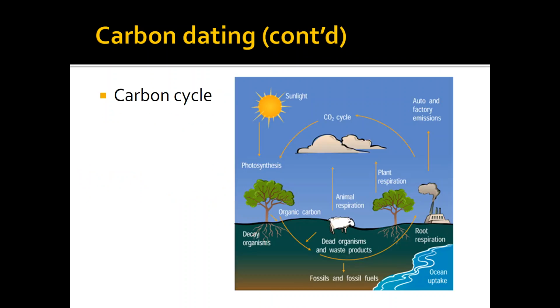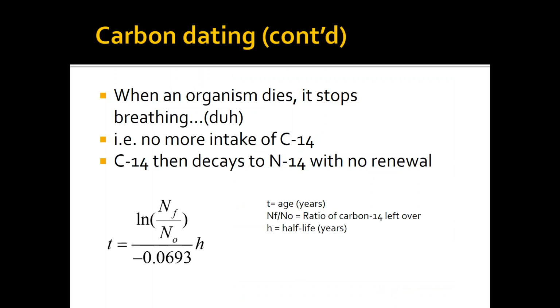So here it is. You have the carbon cycle, which is the CO2 cycle that the plant fixes into glucose and animals breathe. And then we have to do the actual mathematical equation. This is an equation that I'll give you. NF over NO is the final amount of carbon-14 divided by the initial amount of carbon-14.